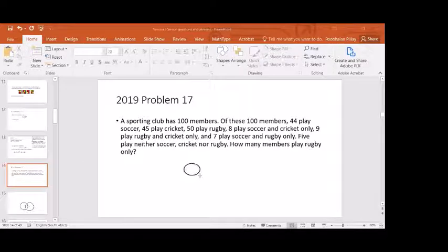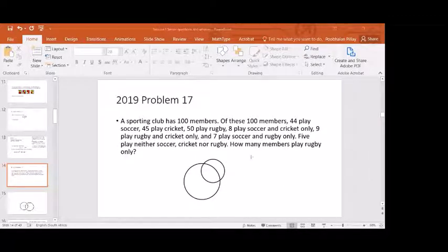So we will draw 3 circles to represent the people who are playing. One circle to represent the soccer players. Then you have another circle to represent the rugby players. Like that.